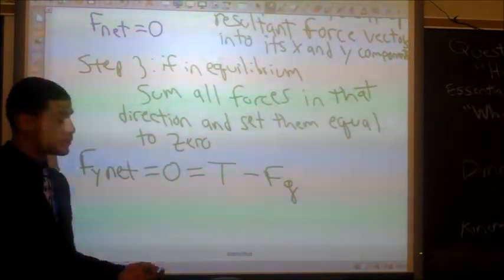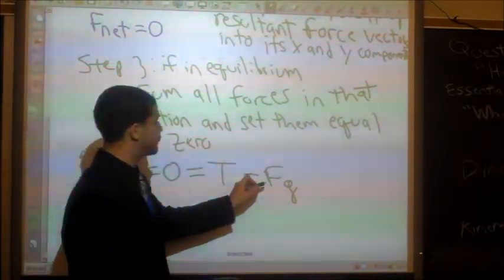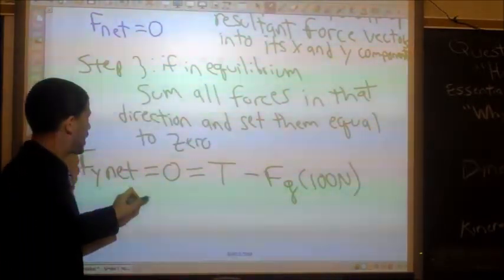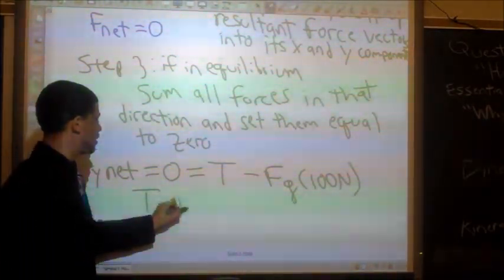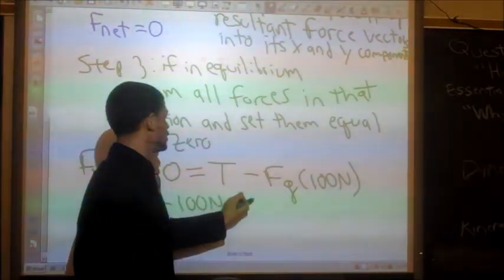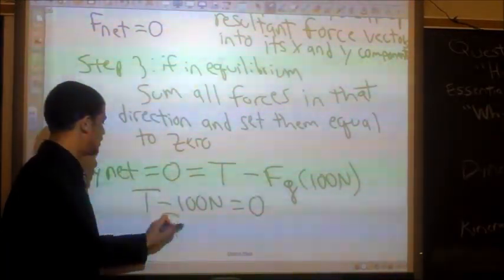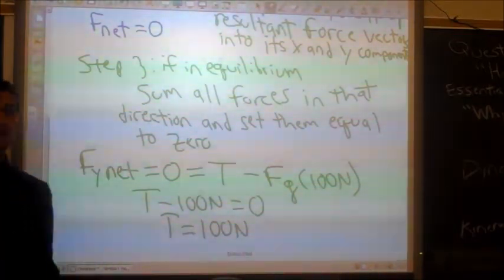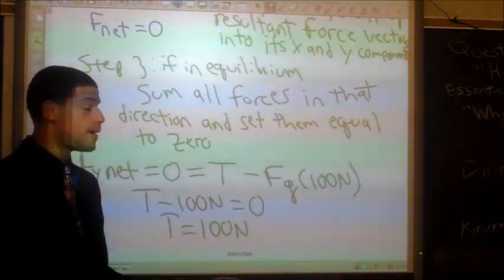Now I can just plug and chug. My force of gravity is 100 newtons, so T minus 100 newtons equals 0, so T equals 100 newtons. Once again, it's in equilibrium, so it's equal and opposite forces.